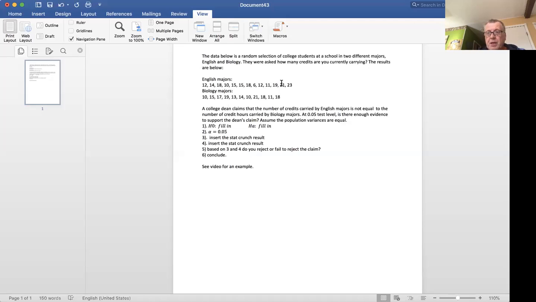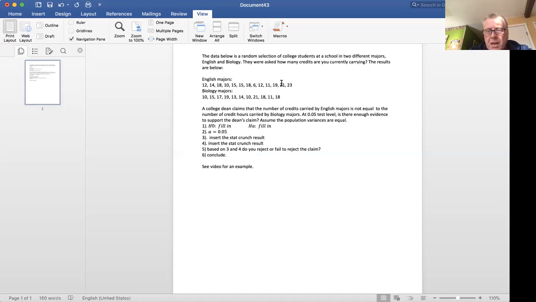And this is a document that you're going to get in the news item. Below is a random selection of college students at school in 2 different majors, English and biology. They were asked how many credits they're currently carrying. The results are below. So we have English majors with a certain number of hours, and bio majors with a certain number of hours.